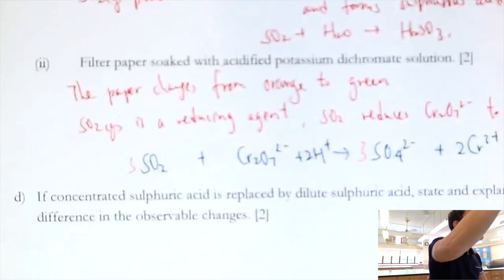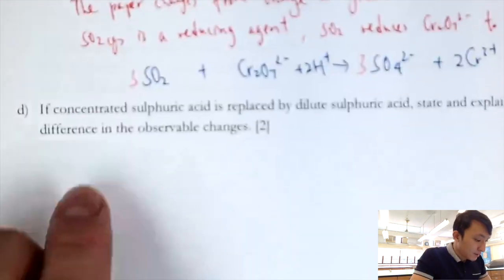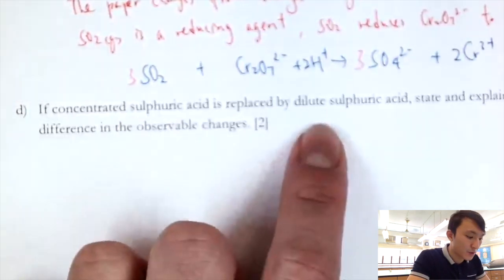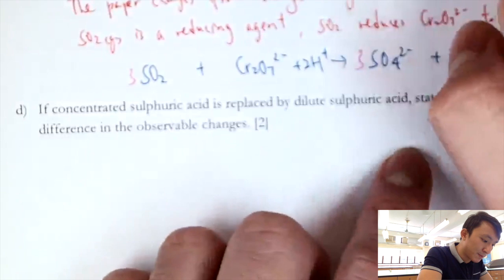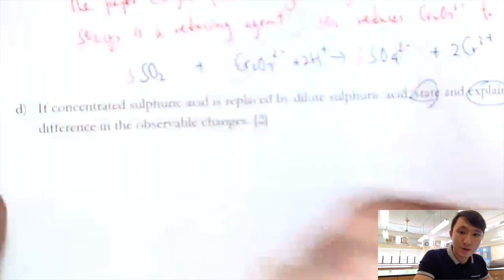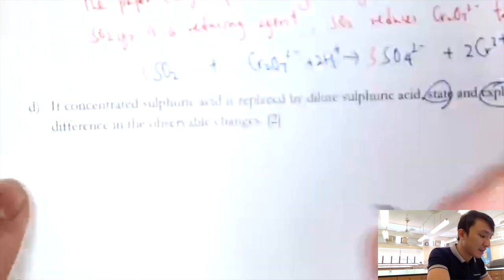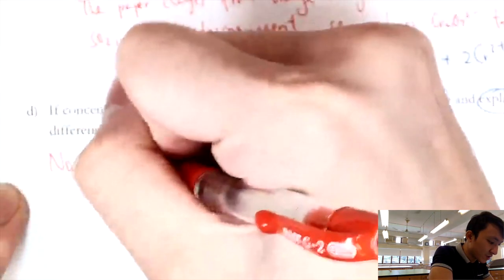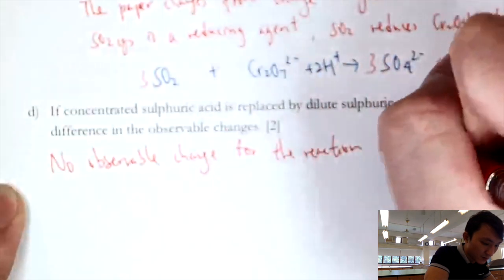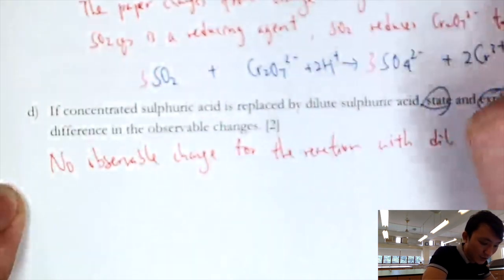Now, if we replace the concentrated sulfuric acid by the diluted one, state and explain the difference in observable change. So first of all, we say that there is no observable change for the reaction with dilute H2SO4.